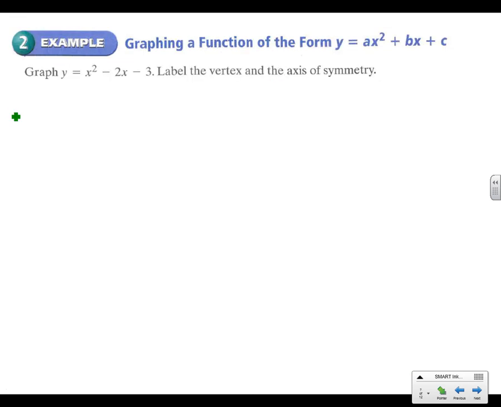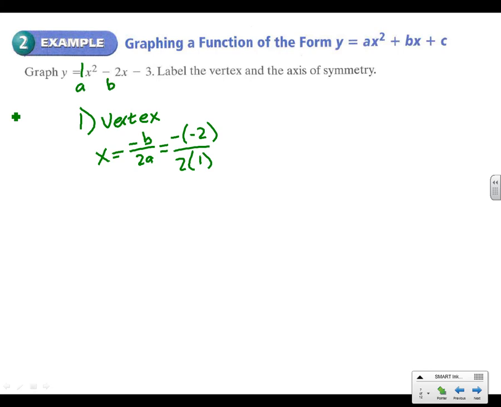So let's take a look. We've got x squared minus 2x minus 3. First things first, step 1, we're going to find the vertex. And so we say x equals negative b over 2a, which is negative negative 2 over 2. A is 1, right? So 1 is a, negative 2 is b, and c is negative 3.